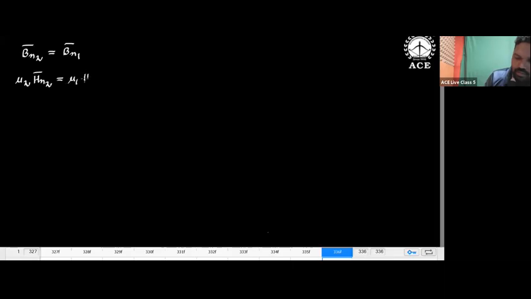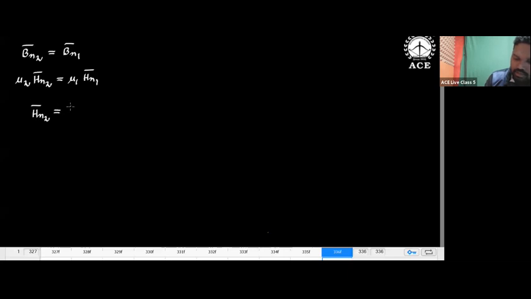So how do you find out the normal components, beta? Directly you can use this boundary condition. Bn2 vector is equal to Bn1 vector, which is mu2 into Hn2 is equal to mu1 into Hn1.